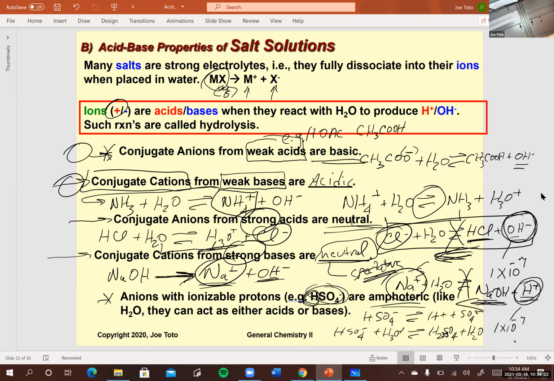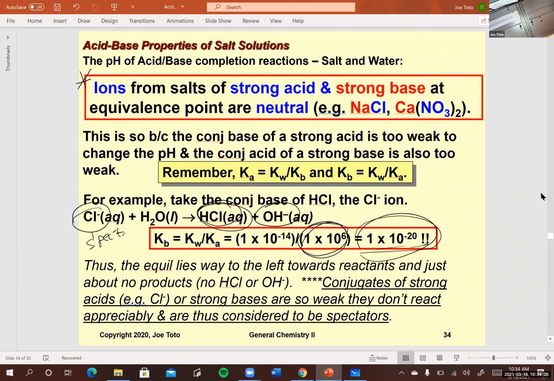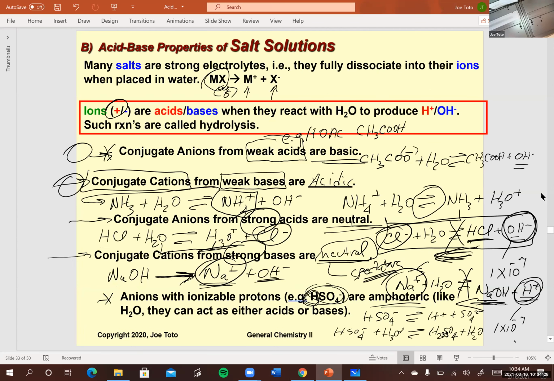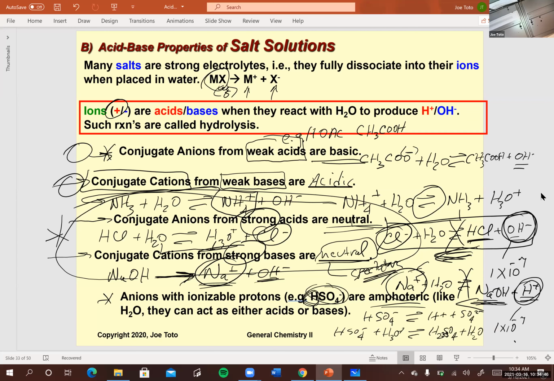And that's what we alluded to back here, in these two statements. Conjugates of strongs result in neutral salty water.